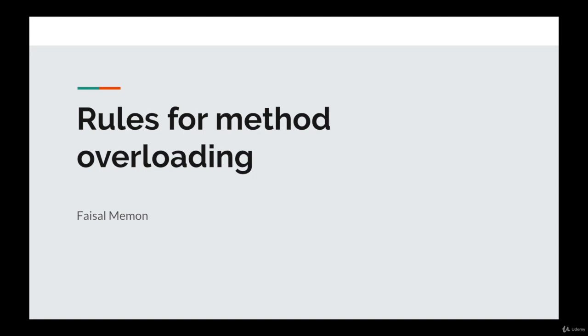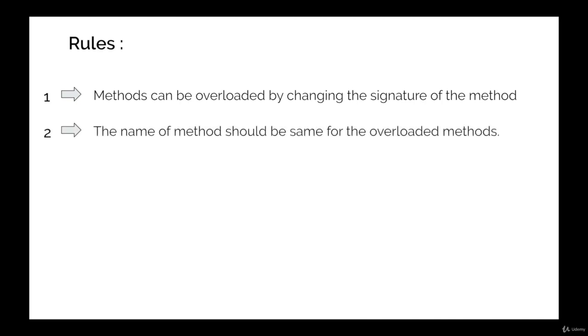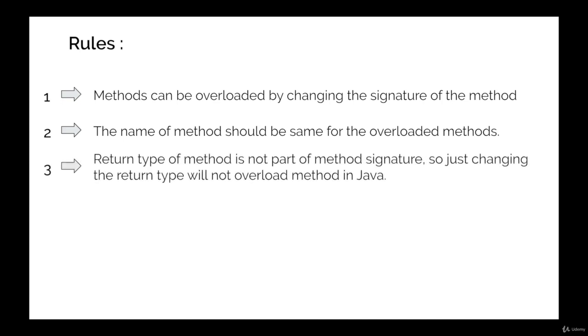So let's get started. The first rule says that a method can be overloaded by changing the signature of the method. The second rule says the name of the method should be the same for all the overloaded methods. The third rule says the return type of a method is not part of the method signature.